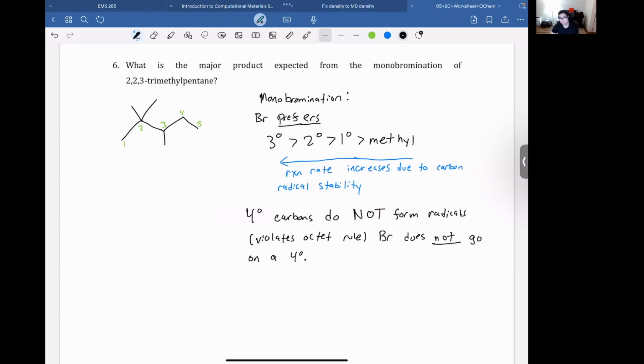All right, so then looking at this, if we were to pick the site of preference, which is the major product, that's the way you can think about it. Where does bromine prefer to go?